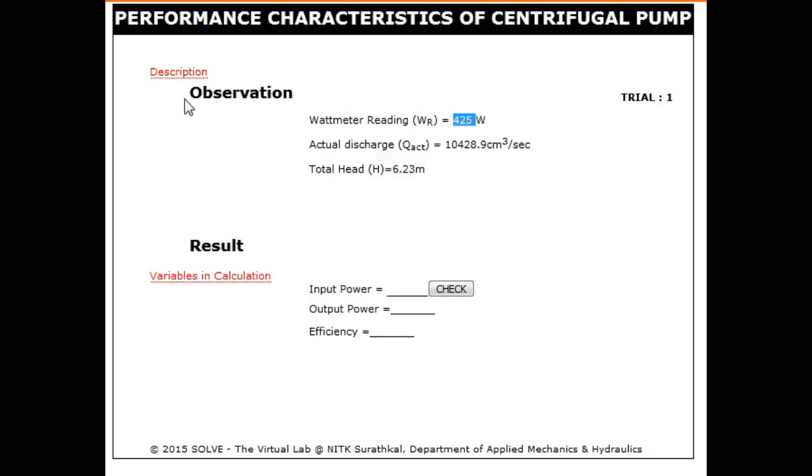It is nothing but pressure into discharge, or in another form, rho Q g H, rho being density, Q is discharge, g is the gravitational constant, and H is the head of the water. Then you substitute the values here.